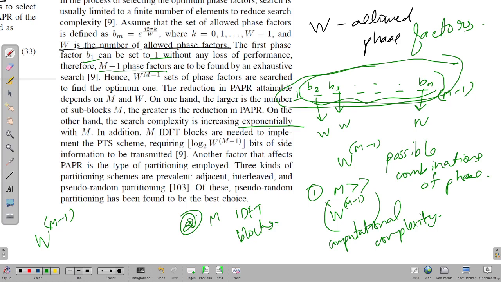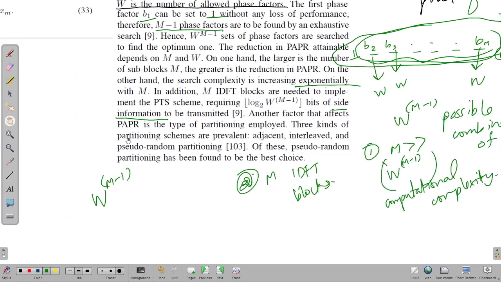That is side information. In order to transmit w^(m-1) combinations, you need at least log2 of w^(m-1) bits of information.